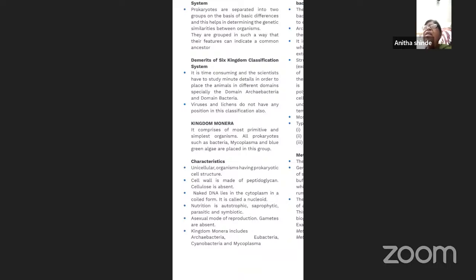Now we will see. The 5 kingdom classification system is actually the most accepted, because it has given us a lot of information and it has made the classification very easy. Almost all the characteristic features have been taken into consideration. They have also considered the phylogenetic relationships, meaning they have classified the organisms based on their common ancestry.